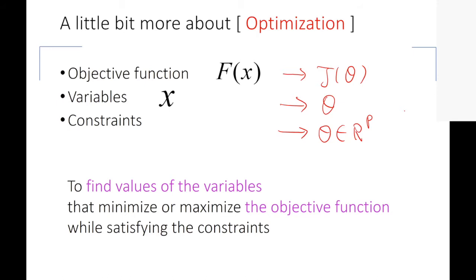It's all just notation. For this objective function, you have a variable to search, and your objective is either to minimize or to maximize the objective function, looking for that specific value of the x variable, or in the J(theta) case, the theta variable. Because it's just a minus relationship, we normally focus on minimization, since for maximization you can just minimize the negative of that function.